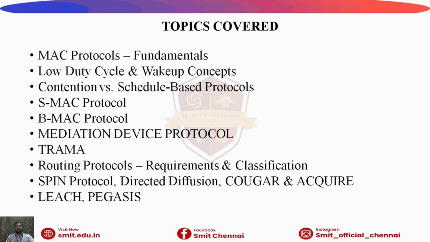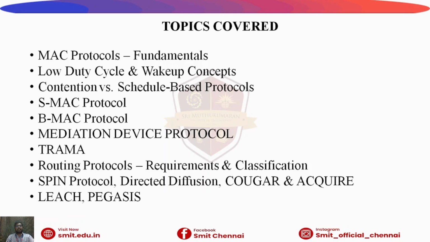In the second part, we focused on routing protocols and their specific requirements in wireless sensor networks, such as scalability, fault tolerance, and data aggregation. Unlike traditional networks, routing in wireless sensor networks is data-centric rather than address-centric.